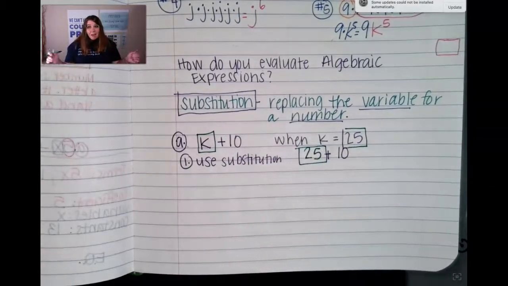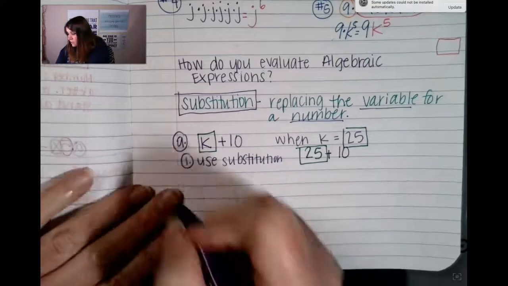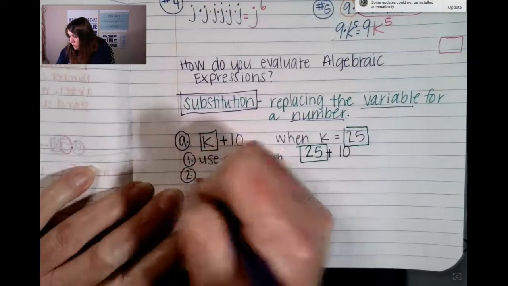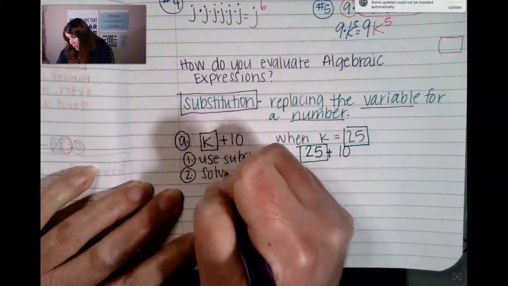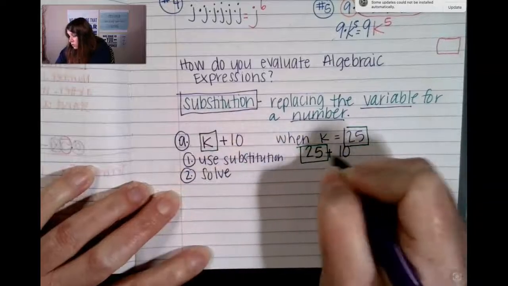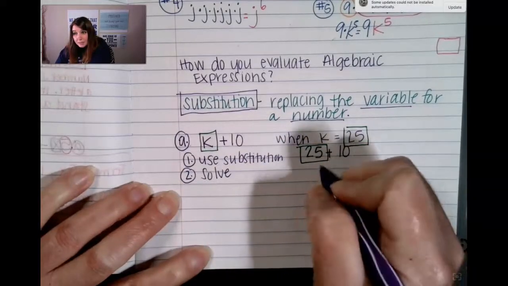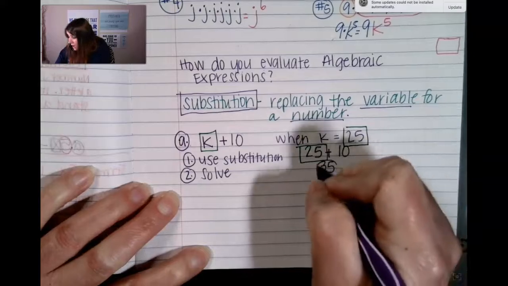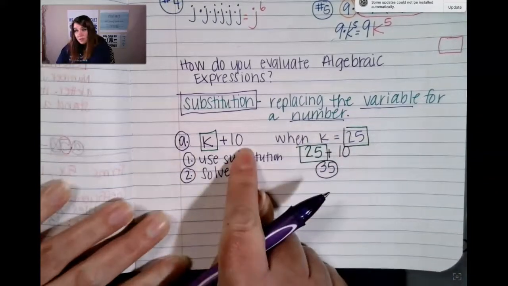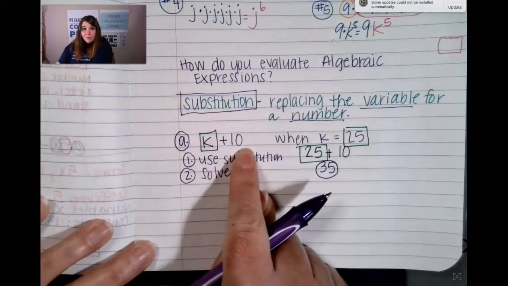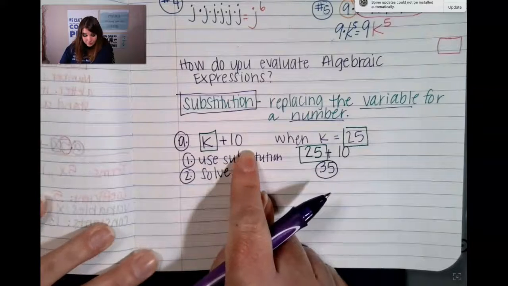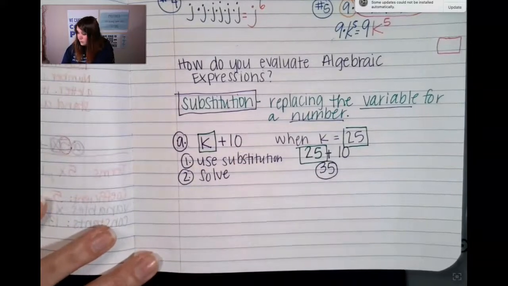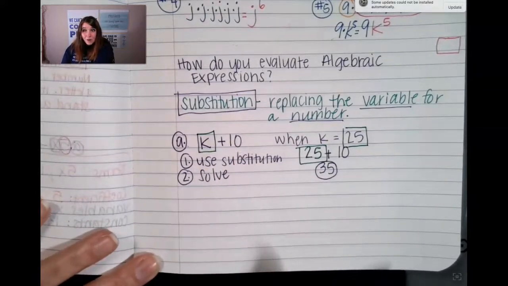And now I have 25 plus 10, and I am ready to, part 2, solve. The mystery is 25 plus 10 gives me 35. So the value of this expression is 35 when I evaluate. That's it. That is all you do.